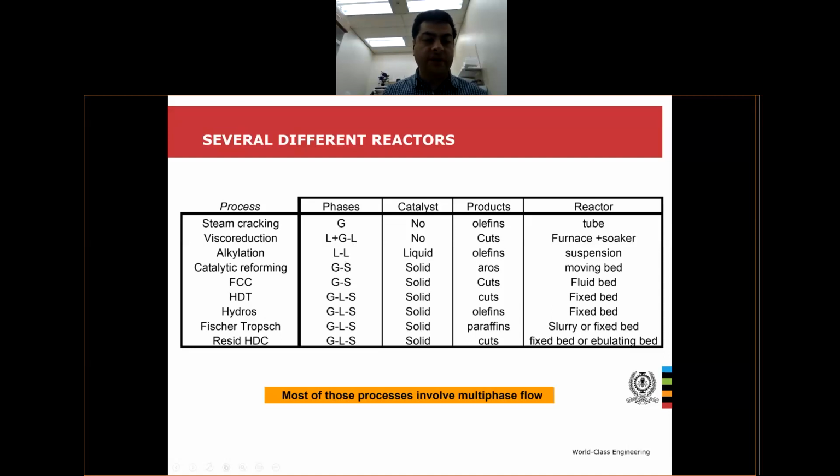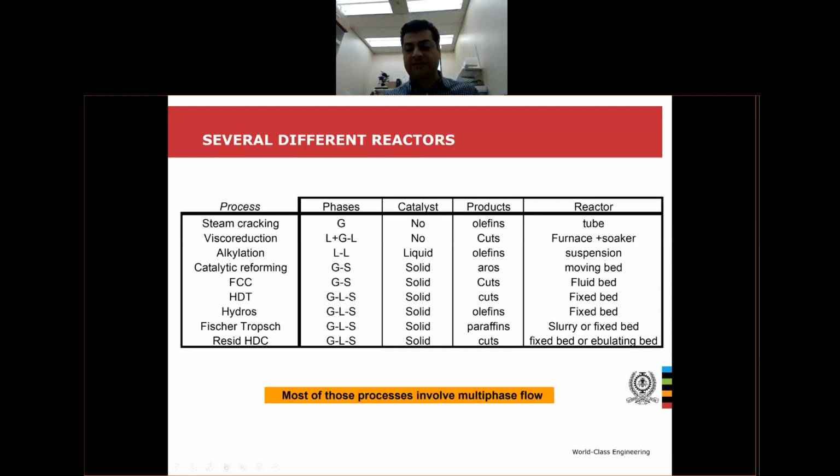And in all these chemical processes, either you have catalyst or you don't. Sometimes the catalyst itself is a liquid phase, but most of the time catalysts are in solid phase in heterogeneous systems. But by the way, you can see that most chemical processes are multi-phase. You don't have monophase. Most of them are multi-phase.